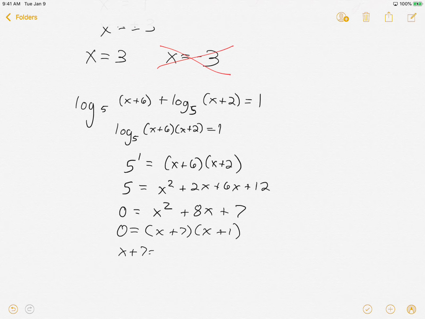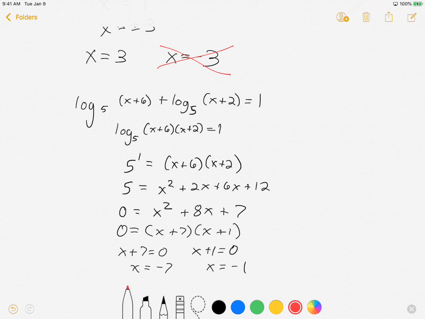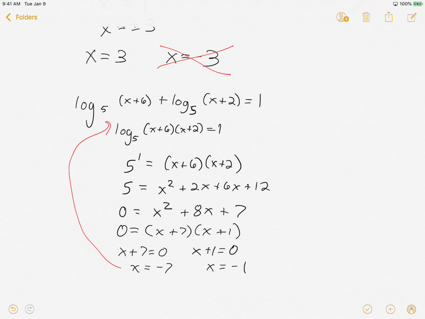That guy factors into x plus 7, x plus 1. So if I set each of those guys equal to 0, I get negative 7 and negative 1. Now check your answers. Okay? If I plug in negative 7 up into this guy right here, I would have negative 7 plus 6, that would be negative 1.